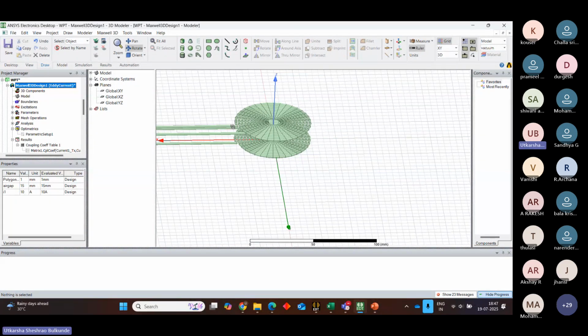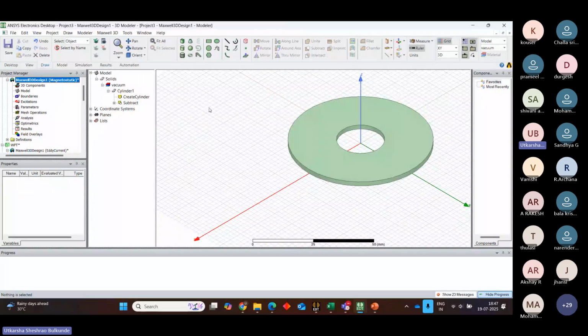You have to be very precise with that, right? But in solid structure, like this structure, you don't have to extend any leads to give the excitation, right? So we will see how we can give the excitation. First, let's just complete our coil structure.